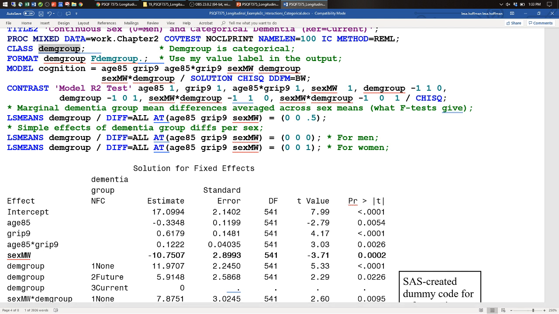We are holding the covariates age and group at their 0 values as we did before, but I have to hold gender at something as well now. So I'm asking for 3 sets of marginal means for group. The first one is marginal because I'm using gender as 0.5. I'm marginalizing over gender. And the second is specific to men and specific to women.